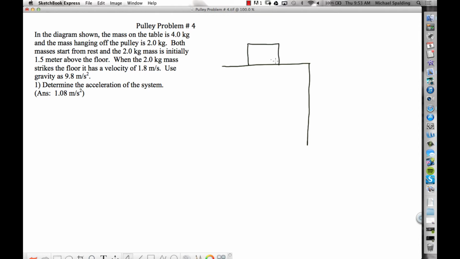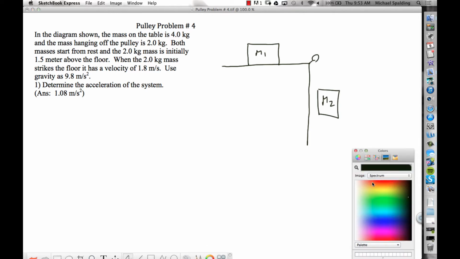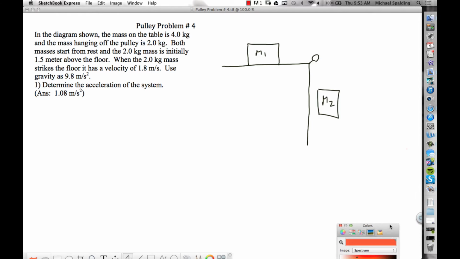So M1 is up there. Here's the pulley. Here's M2. Now, let's start with sign conventions. You want the sign conventions for each object to agree. In other words, you want the direction of motion to be positive for both objects.